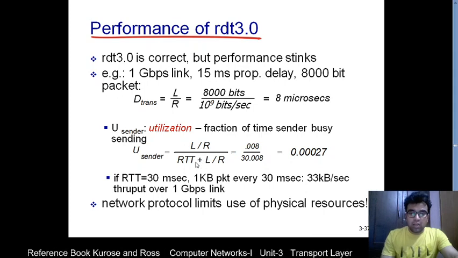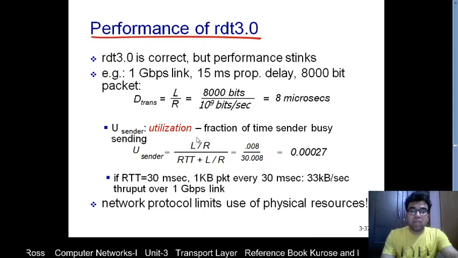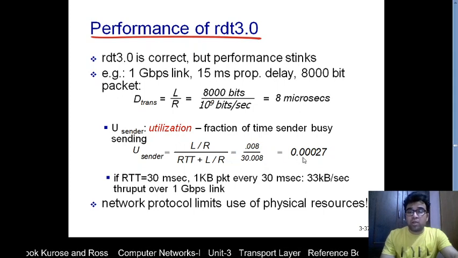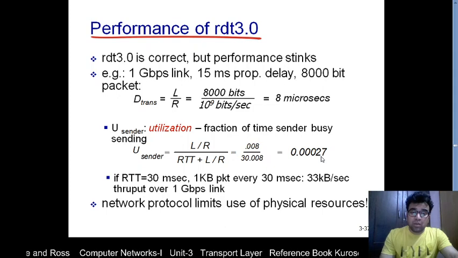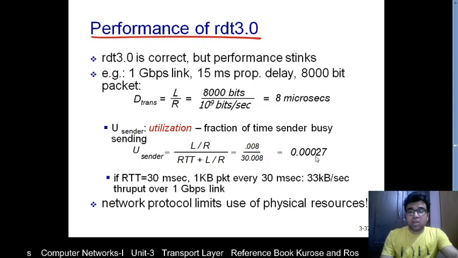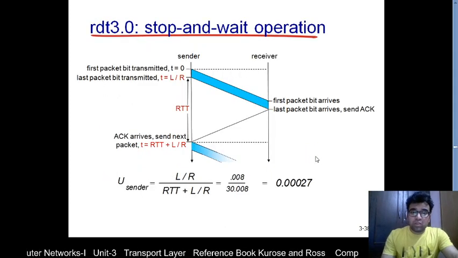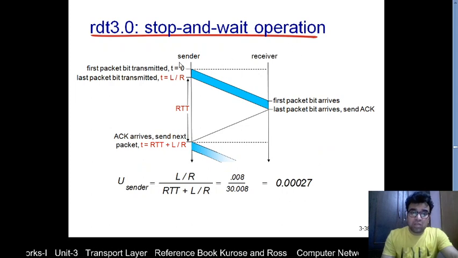In the denominator you will find the complete time during which the sender is busy, and this is the actual time when sender is transmitting the data. This is the transmission delay, and this is the complete sender's busy time. So the fraction of this will get you the utilization, and you can see over here that utilization is 0.00027.